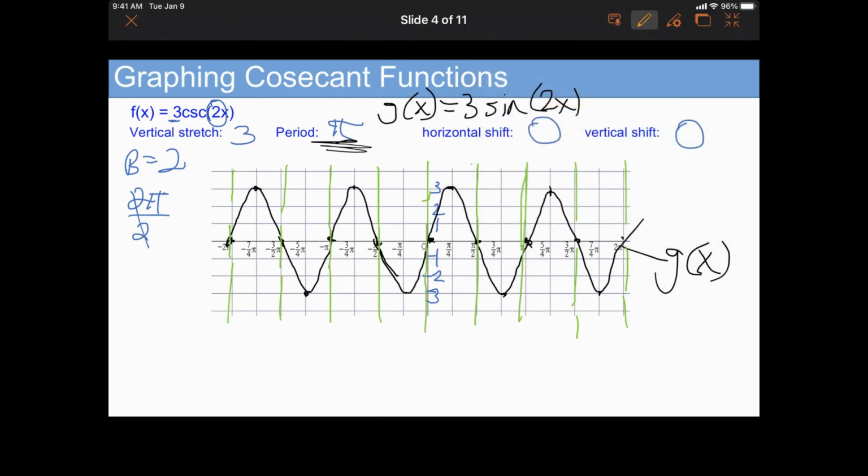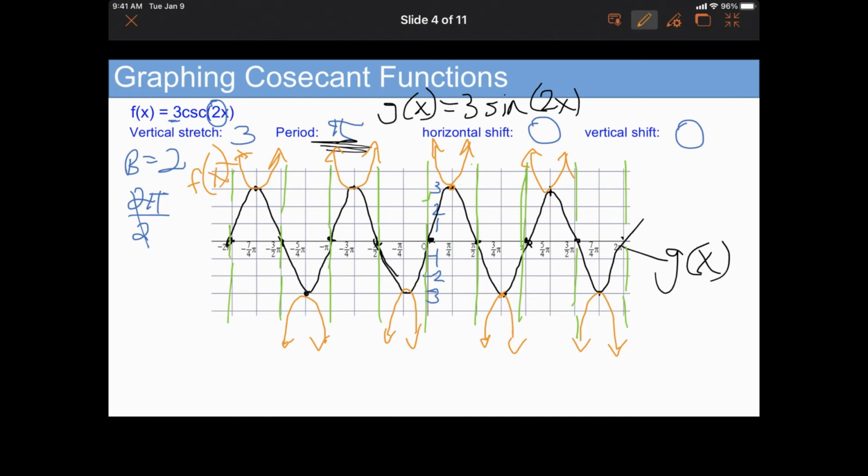At the peak, here, valley, peak, valley, stay inside the asymptotes. This is why we draw them as a guide. Okay. F of x. Right, another level.